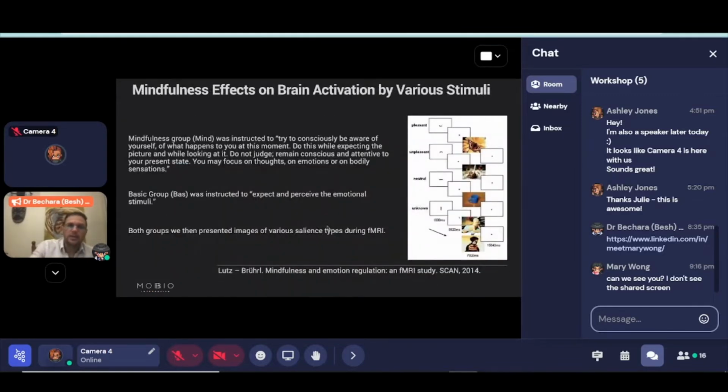Okay. So the second experiment, we're going to go into a little bit more detail. And this is a really nice experiment, which is examining how the brain responds to emotional stimuli.